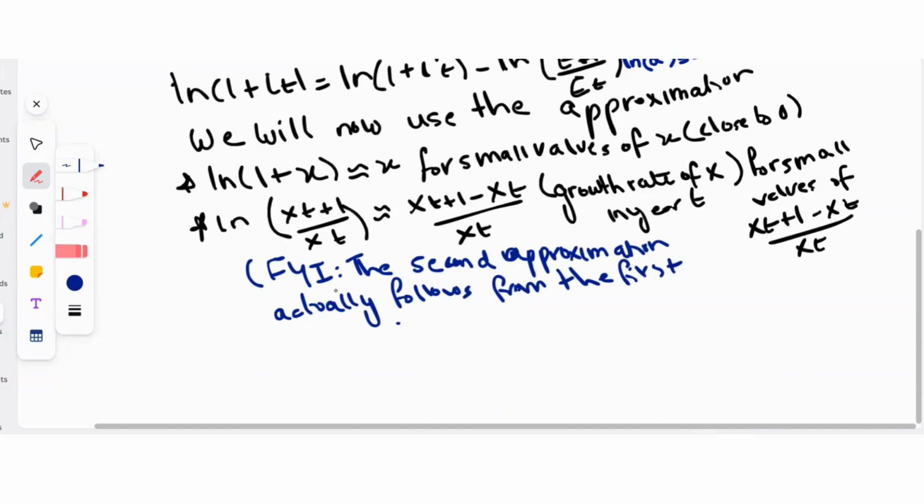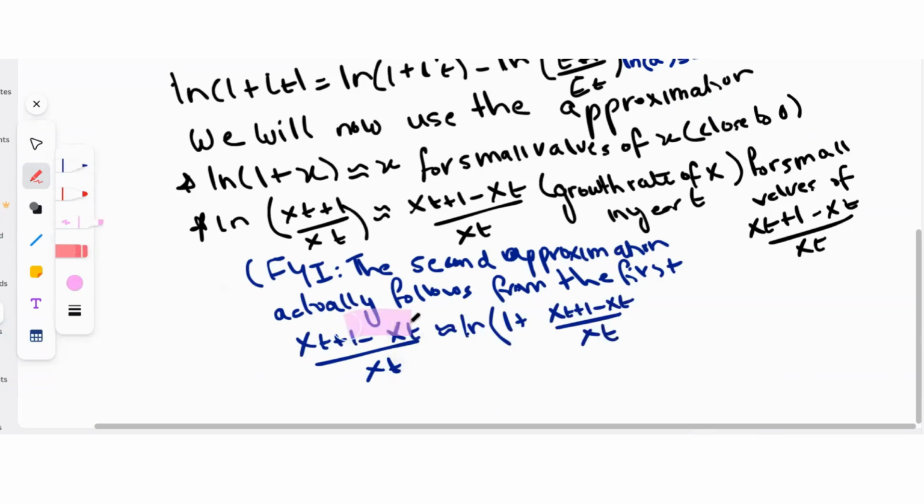Because see what happens is if I have the growth rate of x in year t, it's (x_{t+1} - x_t)/x_t. So we know this is approximately ln(1 + (x_{t+1} - x_t)/x_t) using the first approximation, because the term that we're taking as x is just this. And we know this holds true for small values of (x_{t+1} - x_t)/x_t.